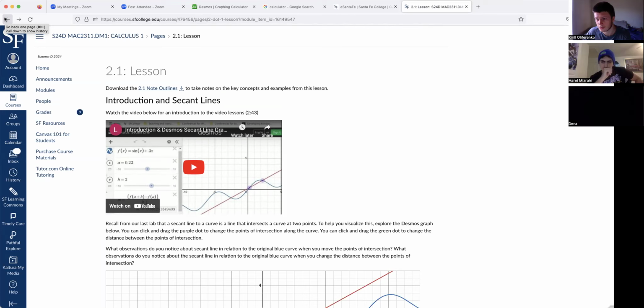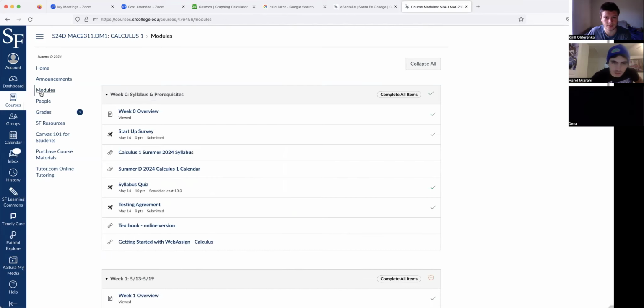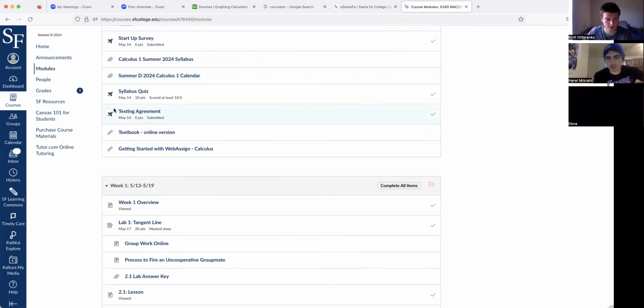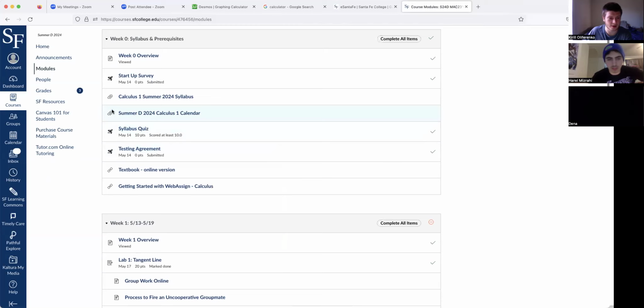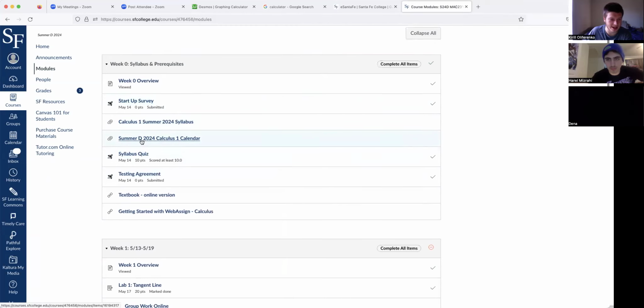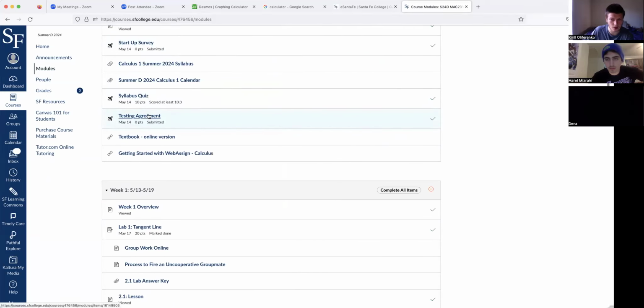Let me see your module page again for just a second. So everything is already unlocked for you, just from the get-go. That's because she explained that to me. What is still locked for you?